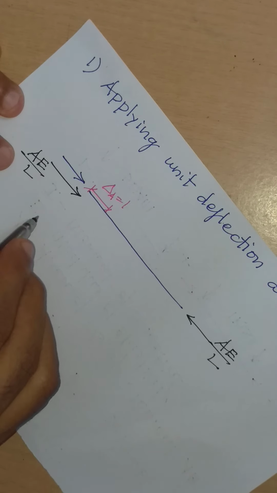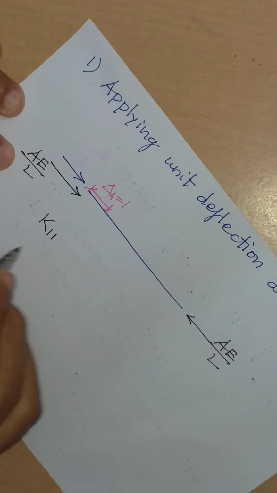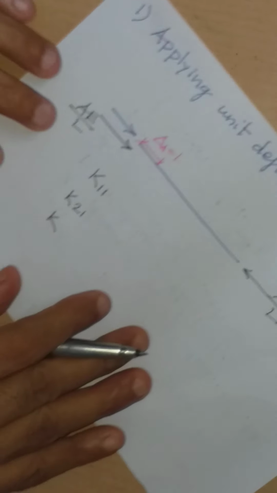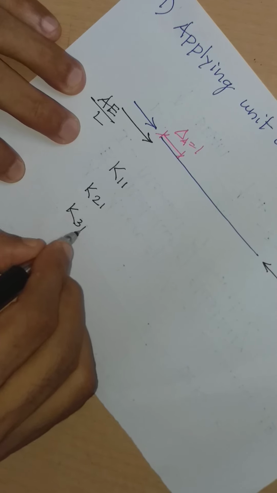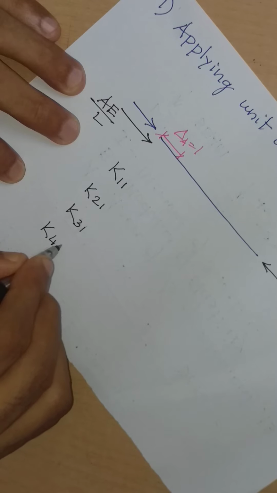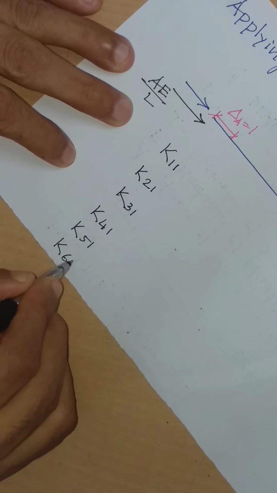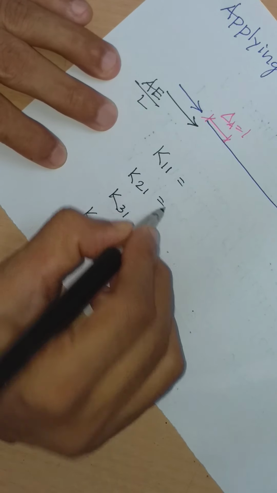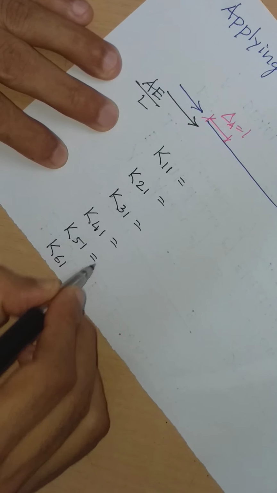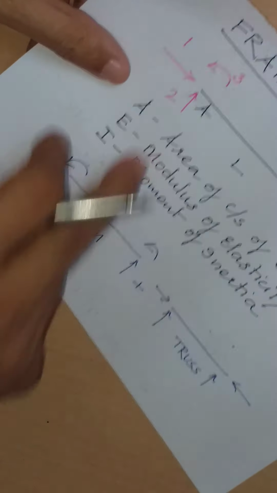So I am going to write K11, K21, K31, K41, K51 and K61. I am generating the first column by applying unit deflection at coordinate 1. I am comparing this diagram with my previous diagram of coordinates.